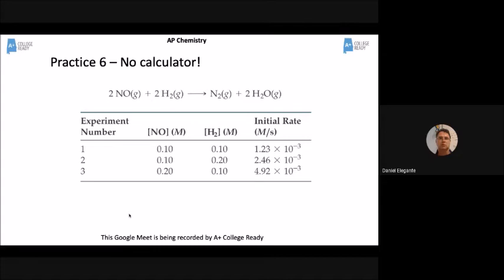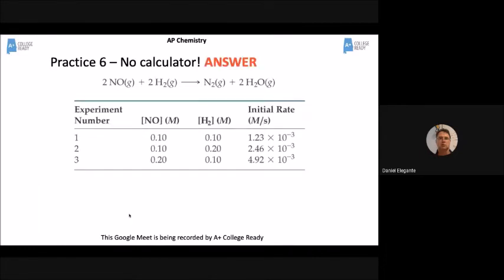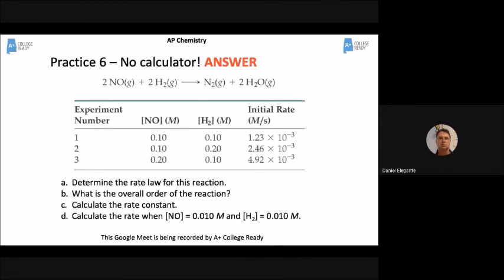All right, that's been somewhere around 2 minutes. So let's see what we did. So the rate law should be rate is equal to K times NO squared times H2 to the first power.